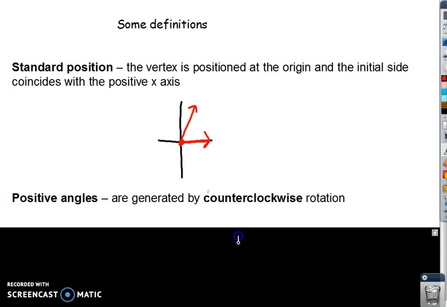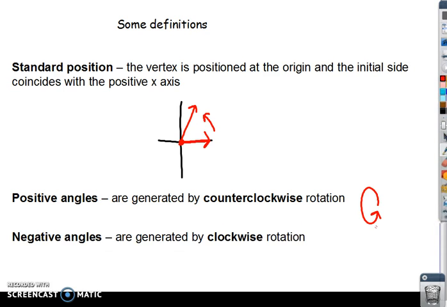Now, positive angles are generally generated by counterclockwise rotation. So those of you that actually forget what a clock is, one of the ones with the hands on it, counterclockwise rotation goes like this. So if I drew an arrow like that, that would denote counterclockwise or positive rotation.